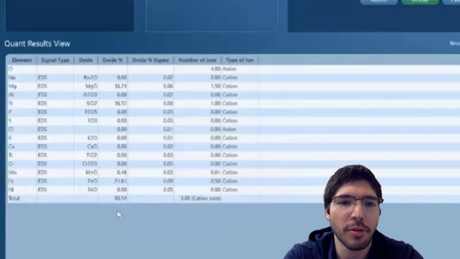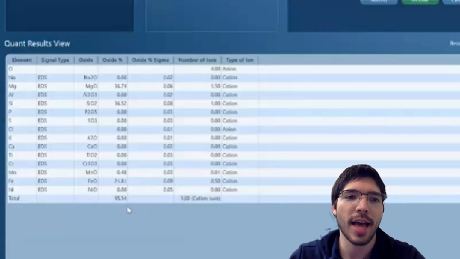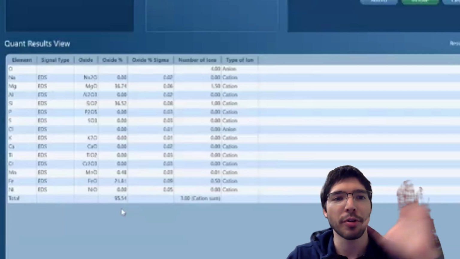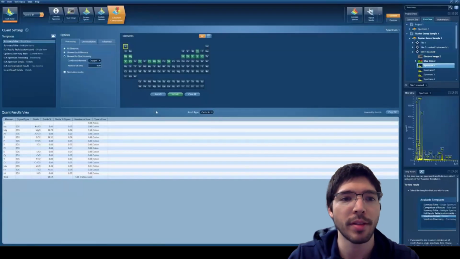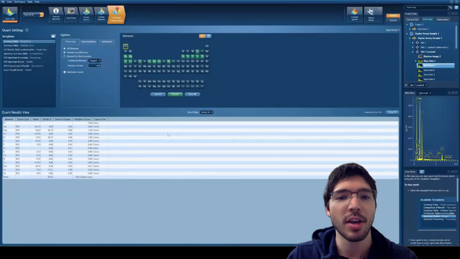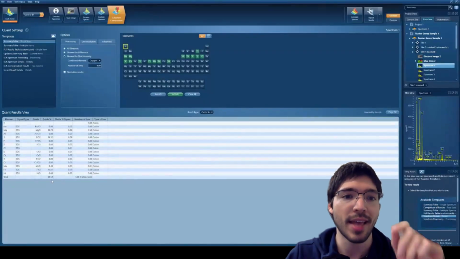Okay, so what you're looking at is spectrum one. So site one, which is the area you chose, had a big olivine grain in the center, and part of it was covered with a layer of carbon coating on top. And so when we tried to take a spot on top of it, we saw this huge peak of carbon that popped up, and that essentially contaminated the data, and we can't really use that site.